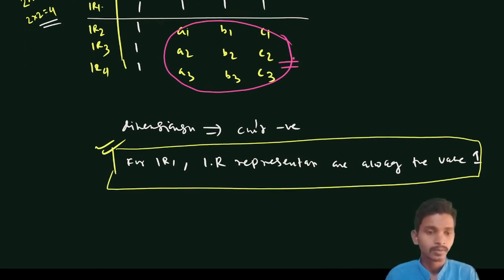Okay, so for this row we follow postulates 3 and 4.